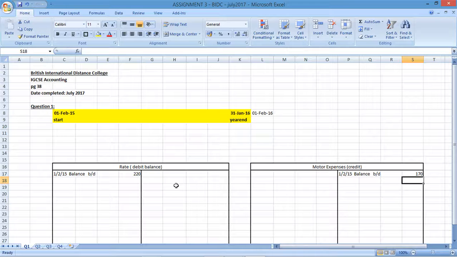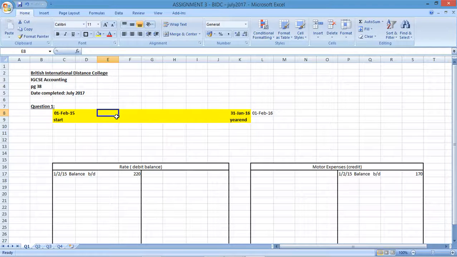T accounts. Let's go back and now let's look at more information from the actual question. They say the following balances appear in the ledger, so we've recorded them. Then they tell us on 10 April 2015, Paul paid 1,800 by check.